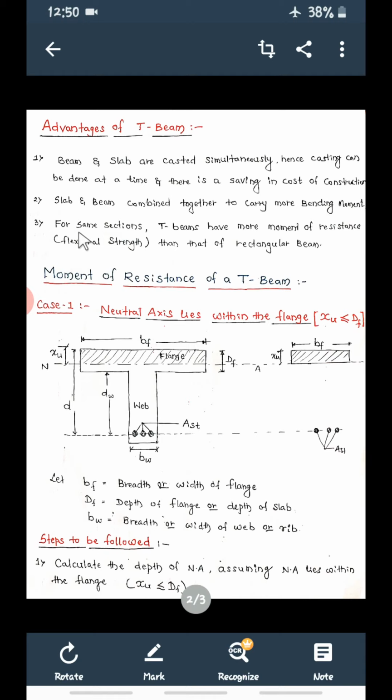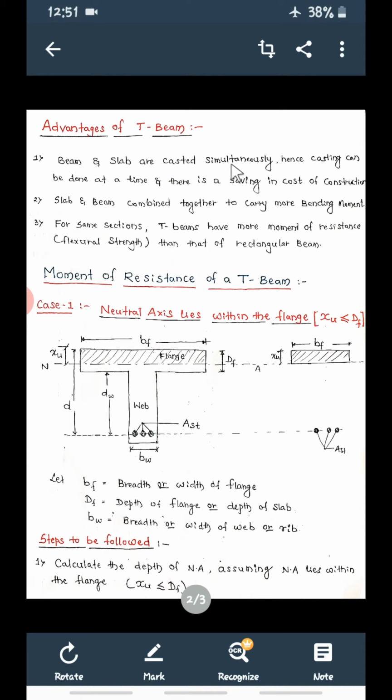Then the third advantage: for the same sections, T beams have more moment of resistance. That is, if you compare strength-wise also, they will give more strength. T beams will be giving more strength compared to the rectangular beams. So there are three advantages.